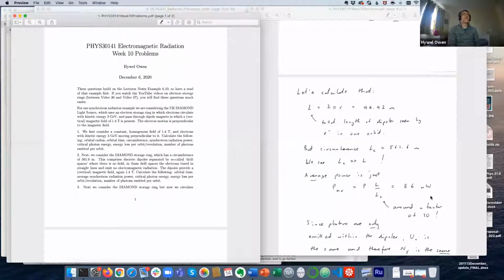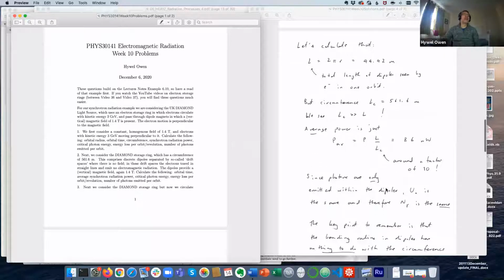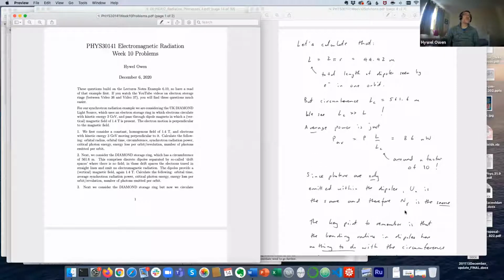Okay. So this average power here in the dipoles is correct, of course. The average power is lower than the instantaneous power emitted within each dipole. So U0 is the same. Now, because U0 is the same, and because the critical energy is the same, and the average photon energy is the same, N gamma, the number of photons emitted per turn, per orbit, must also be the same.